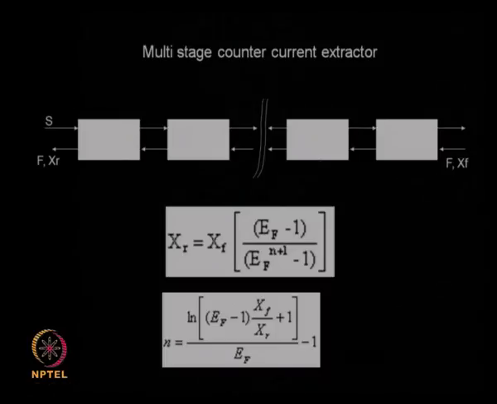The solute concentration in these 2 streams are at equilibrium, and K is the concentration of the solute in the solvent that is leaving this particular stage divided by the concentration of the solute in the raffinate in this particular stage.